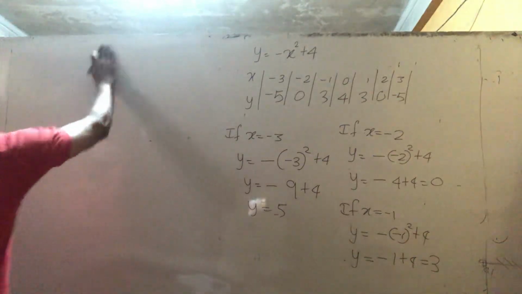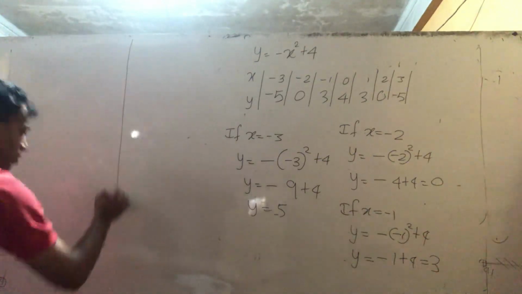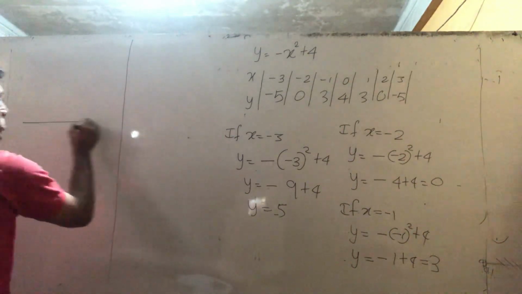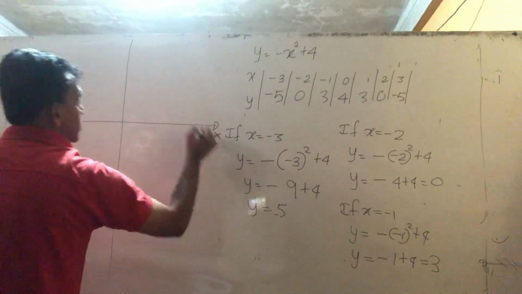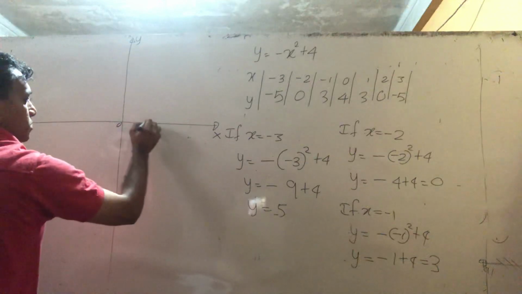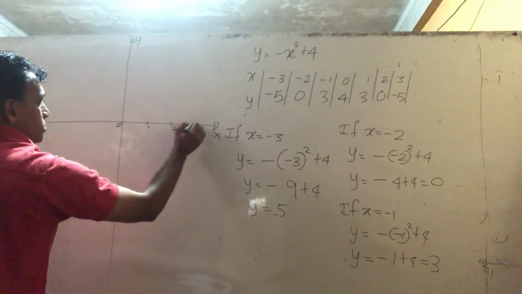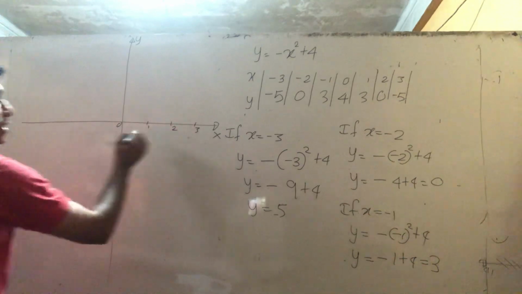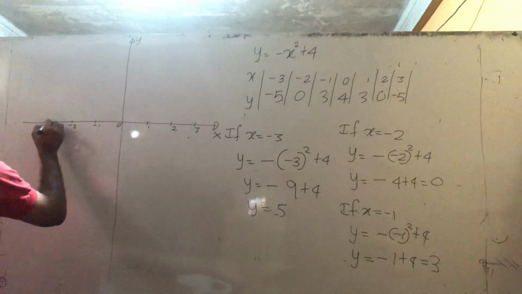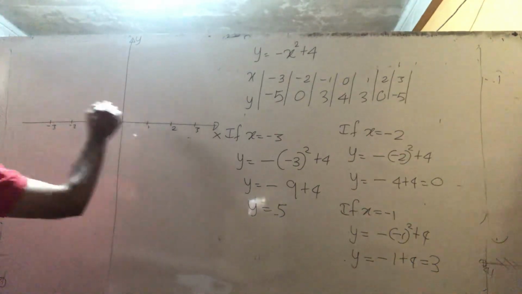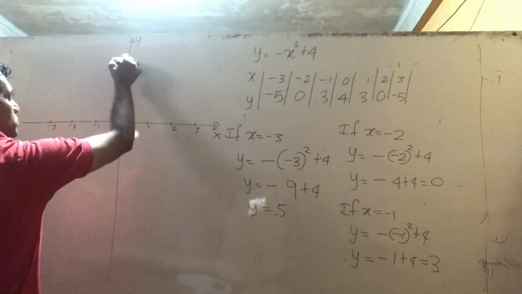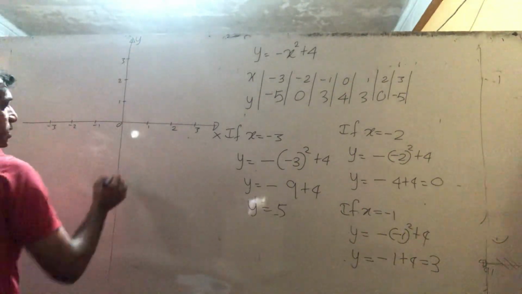And this is an important question for the exam problems. Draw the x-axis, y-axis, origin. Here go up to 3 on the negative side, I mentioned -3. Upwards positive, up to 3, and below down to -5.